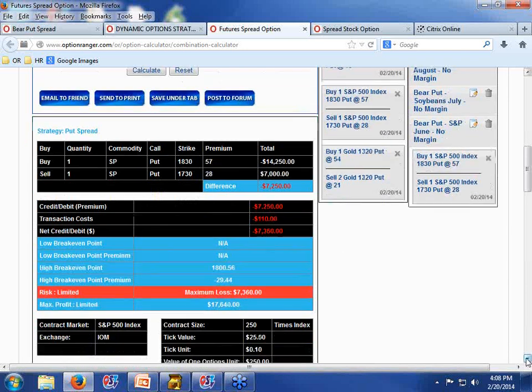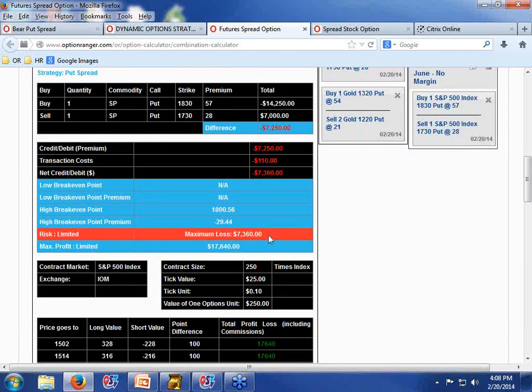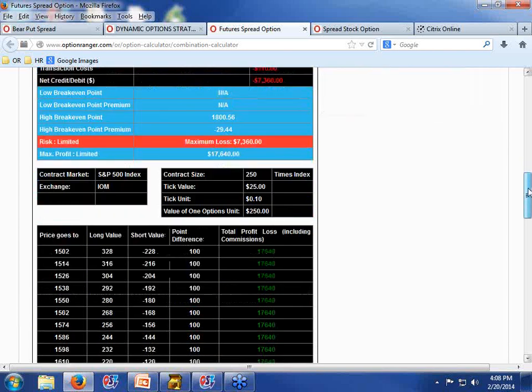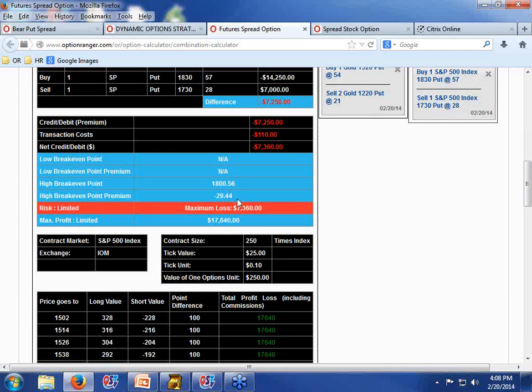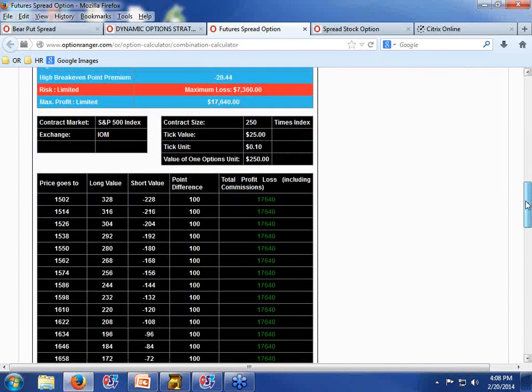Again, as you can see, you have a limited risk, but it's a pretty hefty risk of 73.60 for one position. But you have a profit potential that's larger. It's almost 2.5 size, 250%. That's 1730, which is 17,640. It's an expensive option, so you have to keep monitoring the premium that you paid. You have to really capture back your 29.44 points or more to make money in premium.